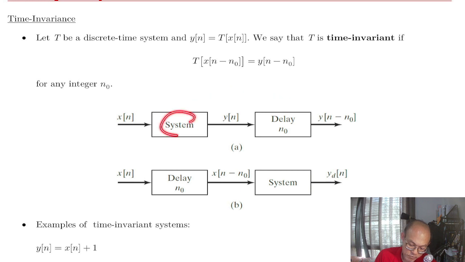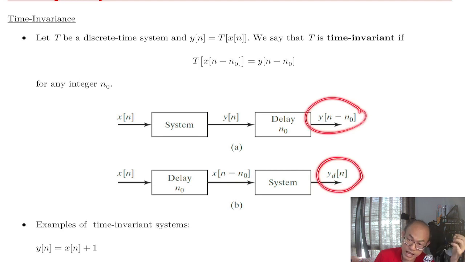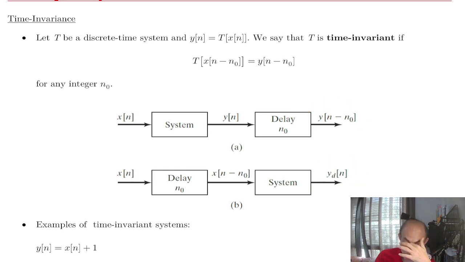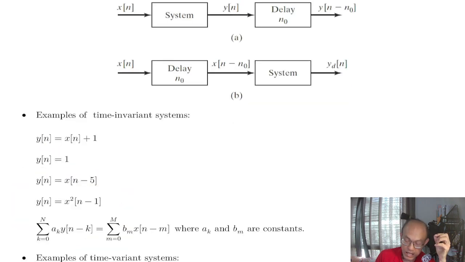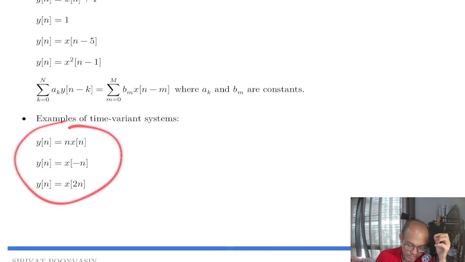Instead of putting the system here, you delay the input first to get this one, and now you apply this one to the system to get this signal. Now, if these two are the same, then your system is time invariant. But if these two are not the same, then your system is not time invariant. Just as we did in the continuous time version. Now, these are examples of time invariant systems, and these are examples of time variant systems.